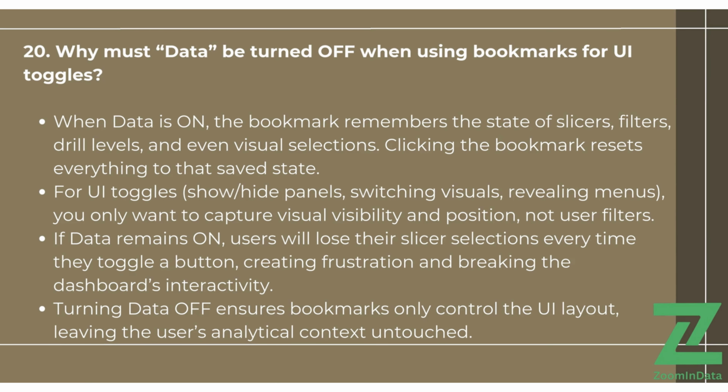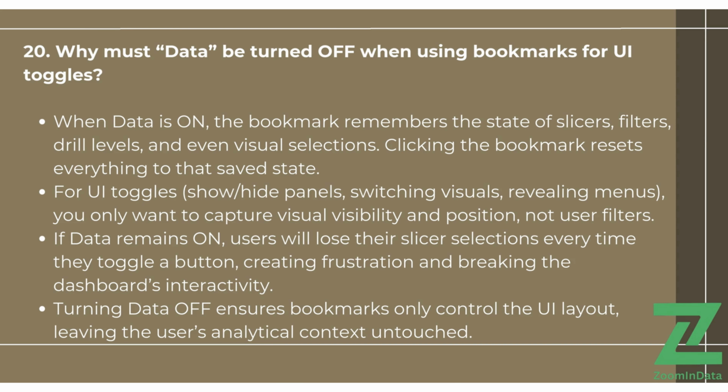20th question. Why must data be turned off when using bookmarks for UI toggles? When data is on, the bookmark remembers the state of slicers, filters, drill levels, and even visual selections. Clicking the bookmark resets everything to that saved state.